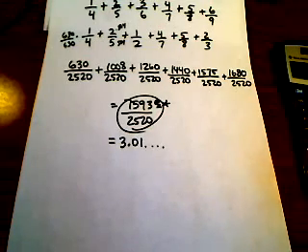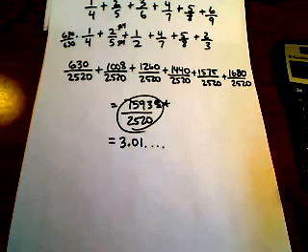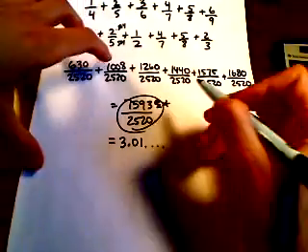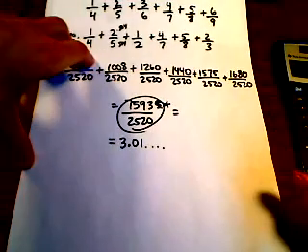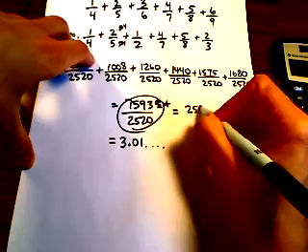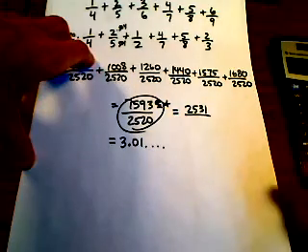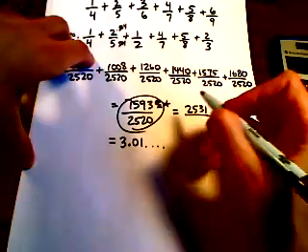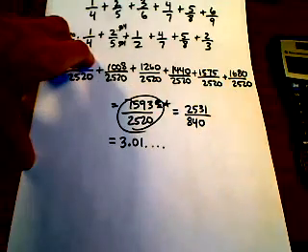Let me just look at it for a minute. Oh, it does look like it reduces. So 2520 divided by 3. Yeah, so let's reduce it. They're both divisible by 3. So 7593 divided by 3 is 2531, and then 2520 divided by 3 is 840.